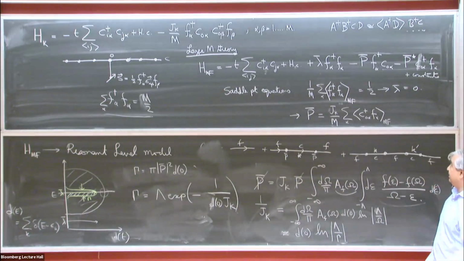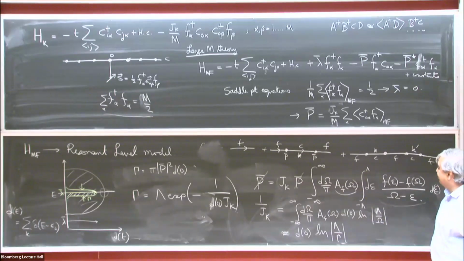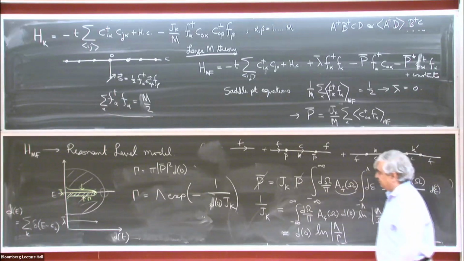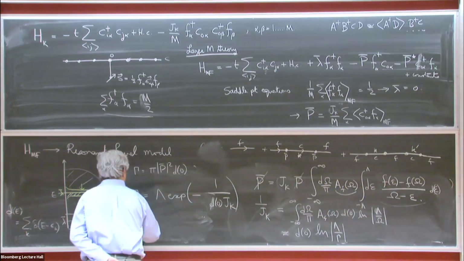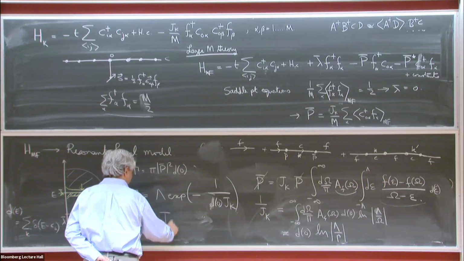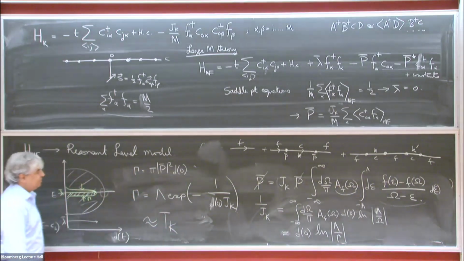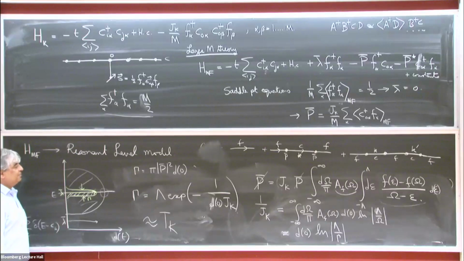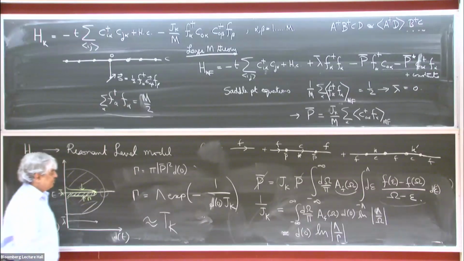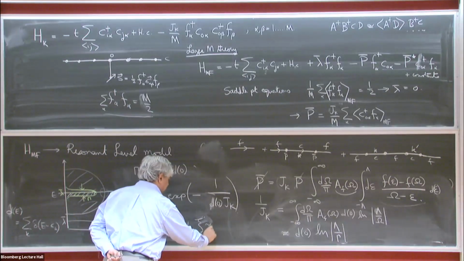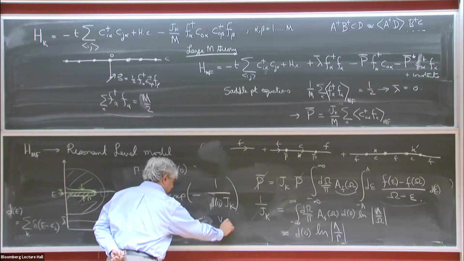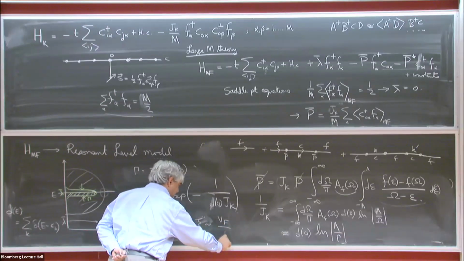And here it is with all details put in, at least in the notes, all factors of 2 done carefully, all integrals done carefully, and then you get that the lifetime of levels is basically of order what we call the Kondo temperature. So there's a characteristic energy scale which determines the dynamics of this impurity. And associated with that, there is also a length scale, which is the Fermi velocity divided by the Kondo temperature.